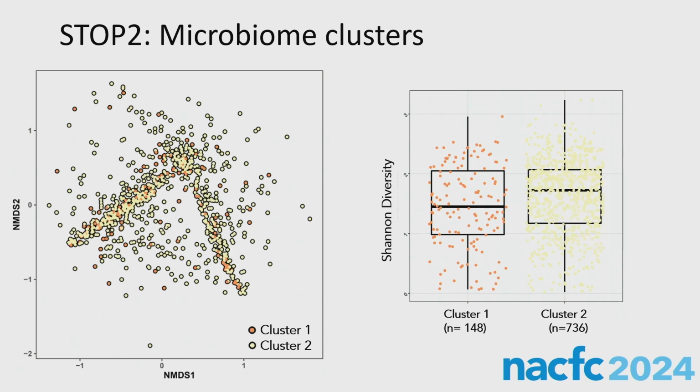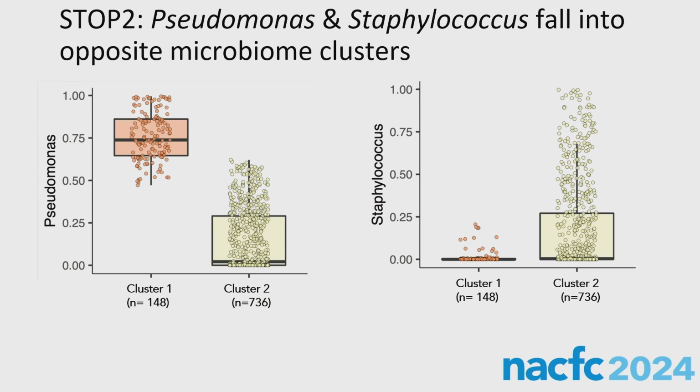You can see some clusters emerging in the microbiome data. Two main clusters are emerging. If you look at how they are spaced on this particular ordination, they don't separate in a clean way, but you do see a difference in the diversity of the members of each cluster, and cluster 2 in this case has a lot more people in it. If you look at the microbial composition inside the clusters, they separate really cleanly by Pseudomonas and Staphylococcus.